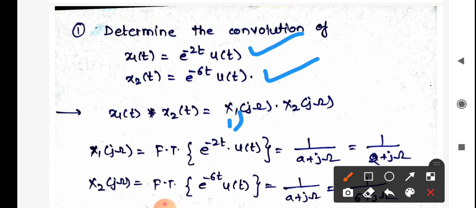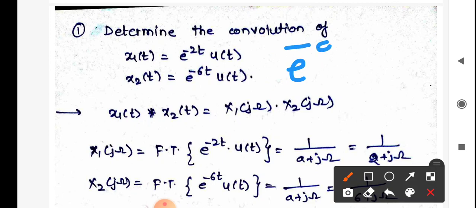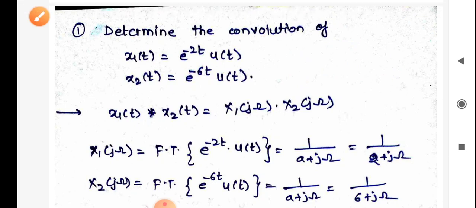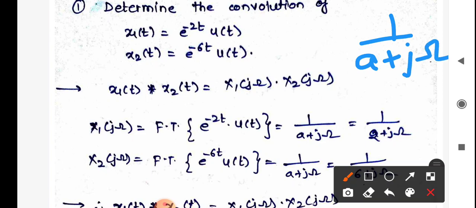Let me find out the Fourier transform of these two individually. Now if I compare this e raised to minus 2t u of t, it reminds me of the equation e raised to minus at u of t. What is the Fourier transform of this? The Fourier transform of this single-sided decreasing exponential was 1 upon a plus j omega, right?